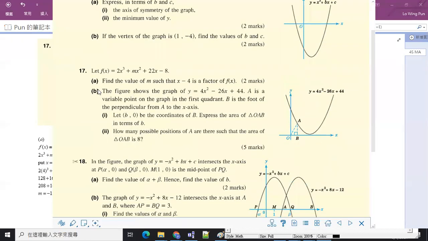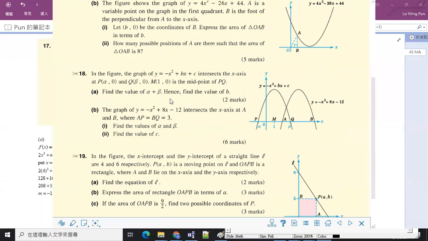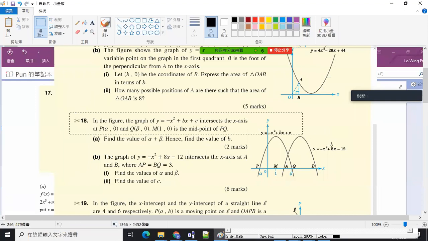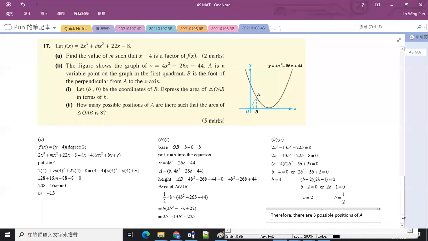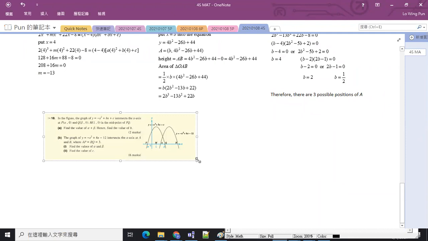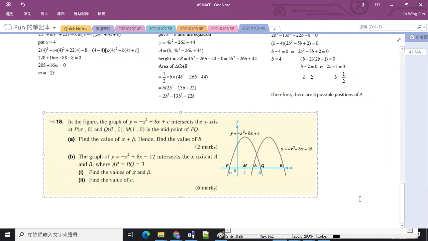OK, next one, number 18. Number 18. So in the figure, the graph of y equals negative x squared plus bx plus c intersects the x-axis at P and Q. OK，有一個 graph，左邊個 graph 啦嘅 x-intercepts 就係 alpha and beta.